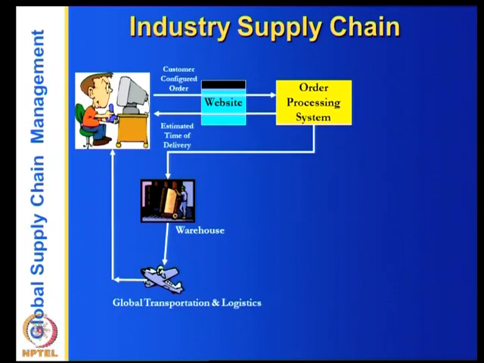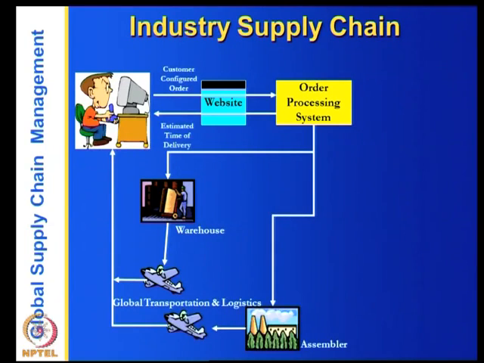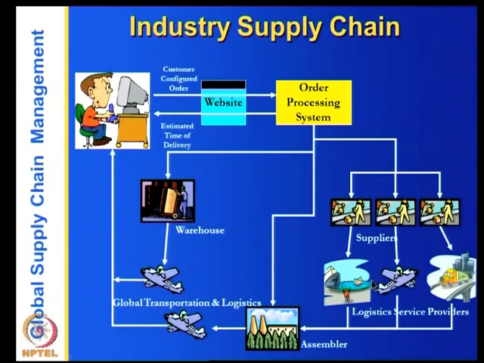Well, supposing it's not available in the warehouse, then it has to be assembled. In other words, depending on the configuration of your PC or your car, it may have to be assembled to order, and it is assembled and then delivered to you. And supposing you have a build to order, in other words, you have special considerations, then you don't want the one that is in the warehouse or has the standardized parts.